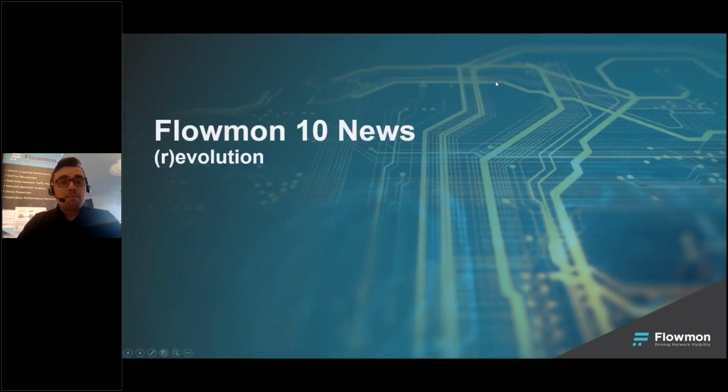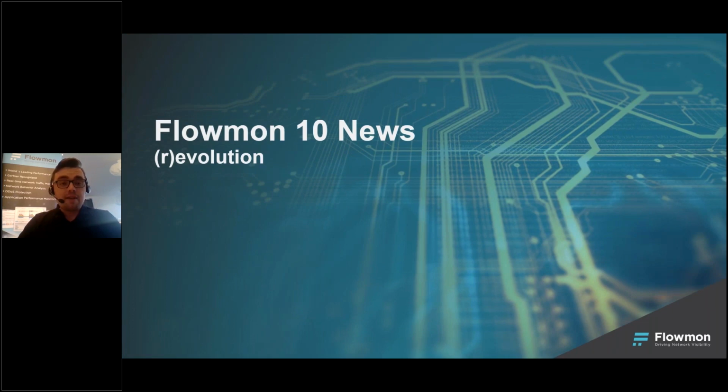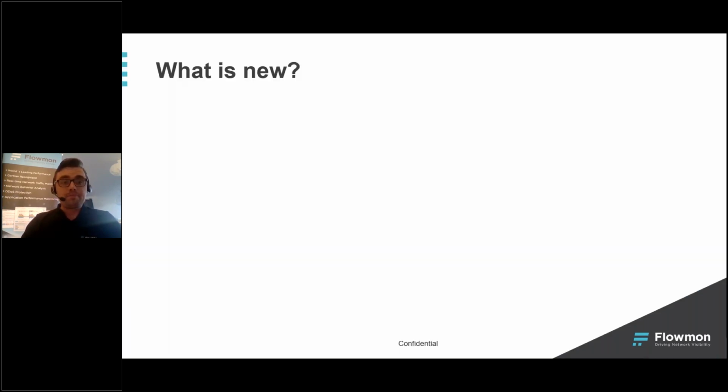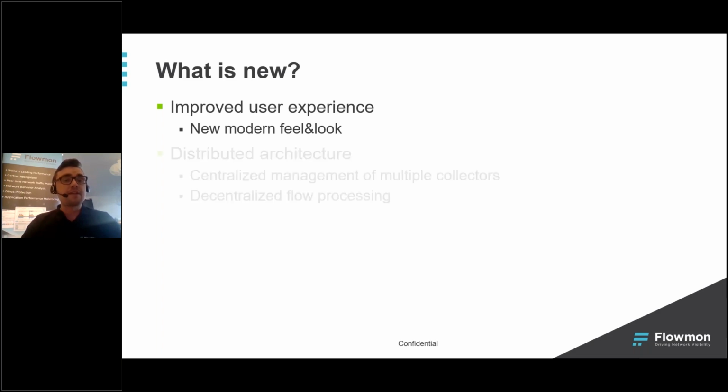Before I jump into the encrypted traffic analysis, let me share some summary of news within Flowmon 10, our new release. The first is improved user experience, so a new modern look and feel of the graphical user interface.